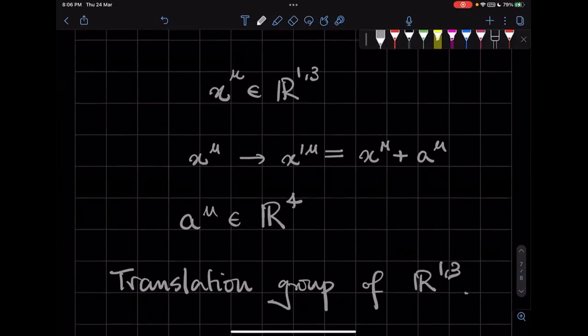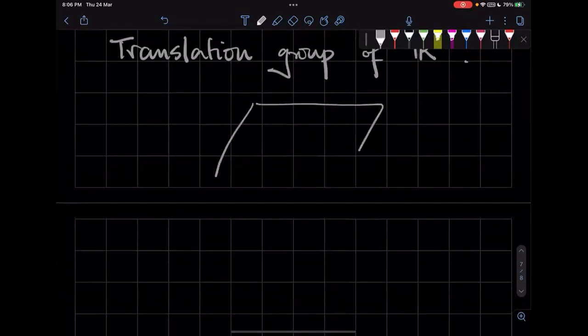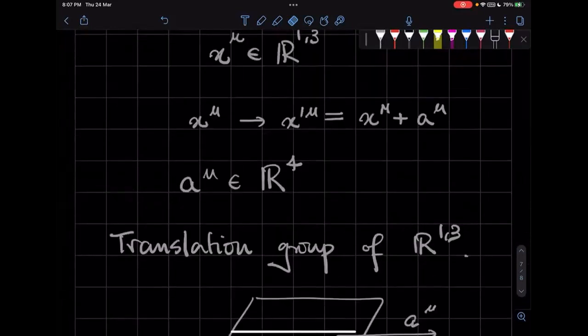So what does it do? It just takes your Minkowski space and moves it by some amount, either in the spatial directions or in the time direction or both. Okay. And this group is just R4, right?